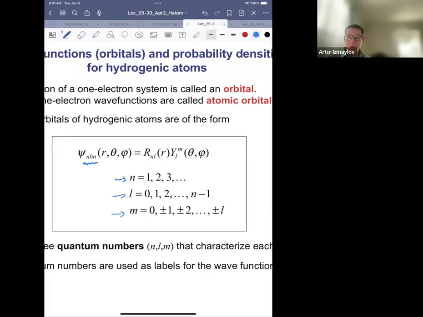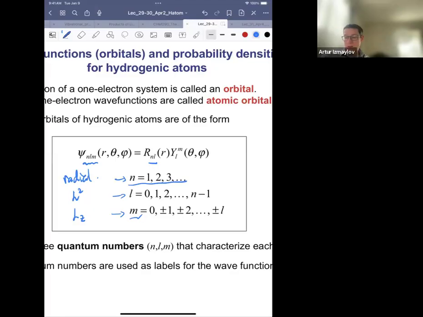N is used to enumerate the radial part. It depends, as you could see here, on L, and L was L squared, angular momentum, and L squared in its turn depends on M, which is Lz, angular momentum, right? So this is the progression.